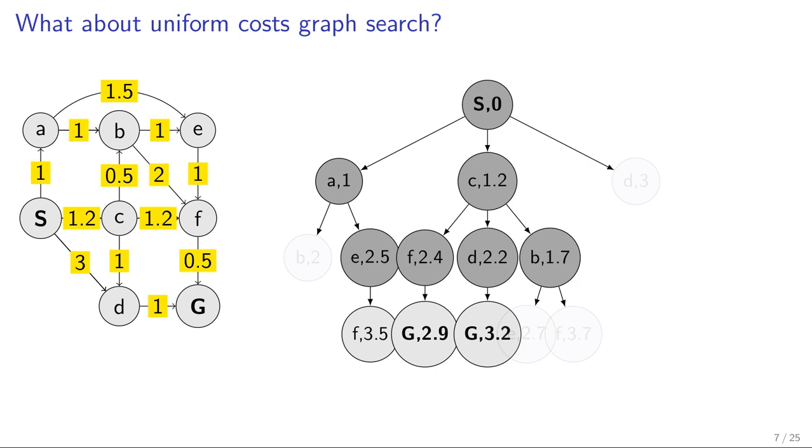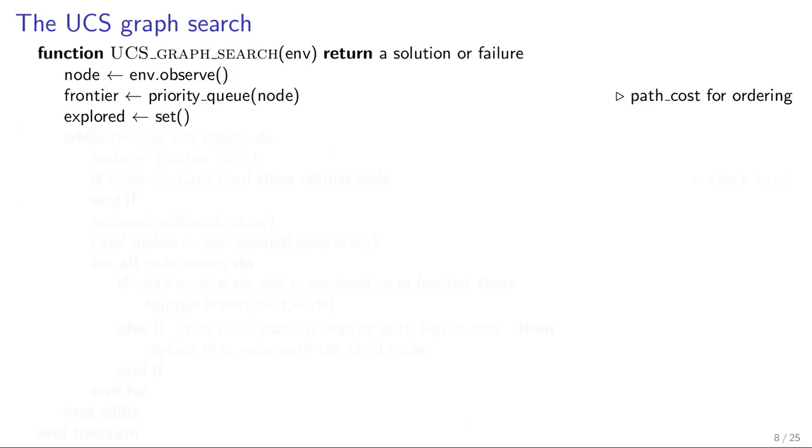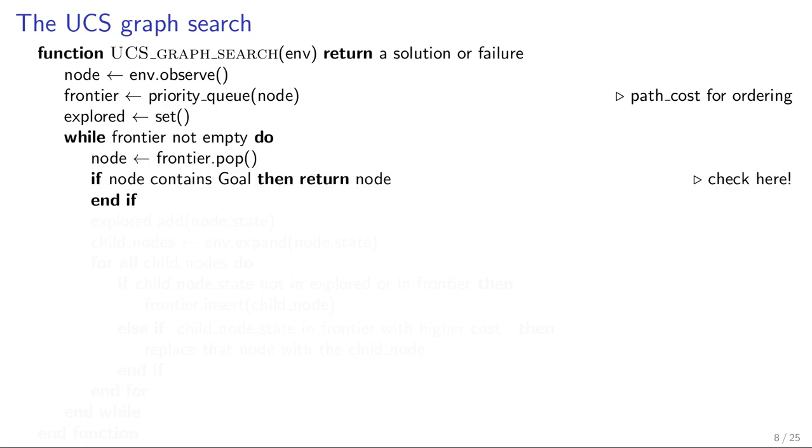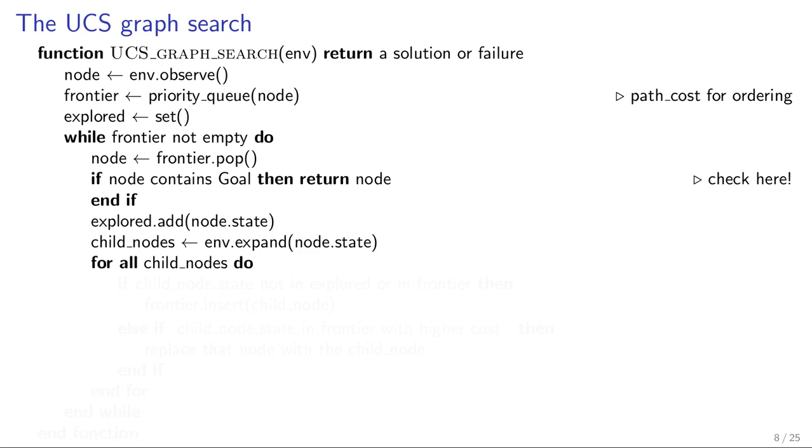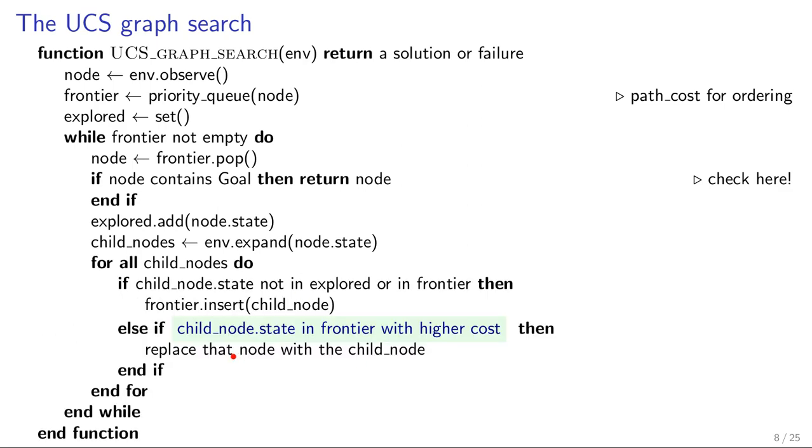Okay, so let's look at how this is written. It's kind of the same thing here. Here it's a priority queue. It orders the frontier by the costs so far. Here is the explored set. So there's nothing really difficult about this.